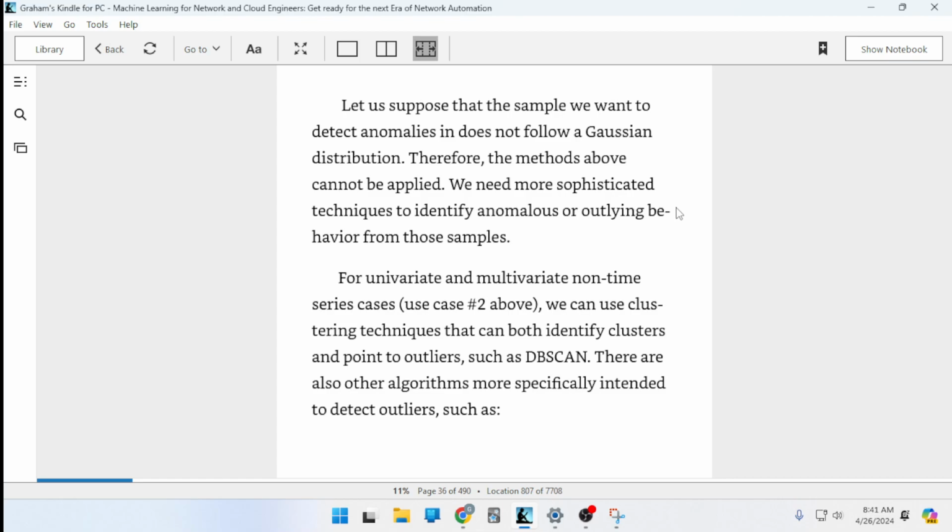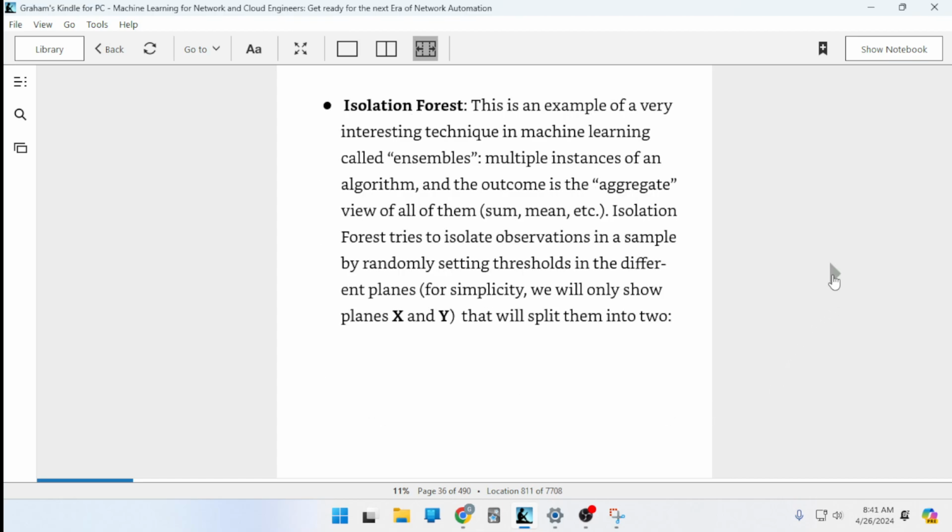There are also other algorithms more specifically intended to detect outliers, such as the isolation forest algorithm. This is an example of a very interesting technique in machine learning called ensembles: multiple instances of an algorithm, and the outcome is the aggregate view of all of them, sum, mean, etc.